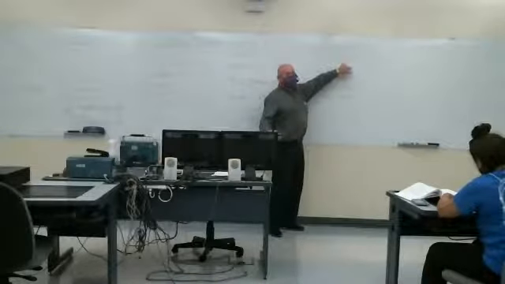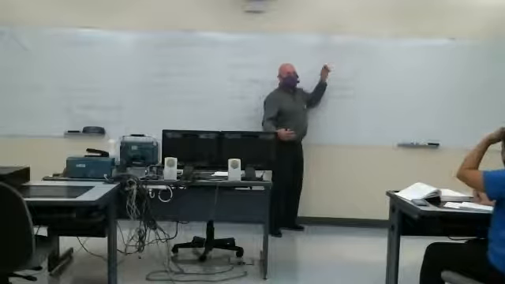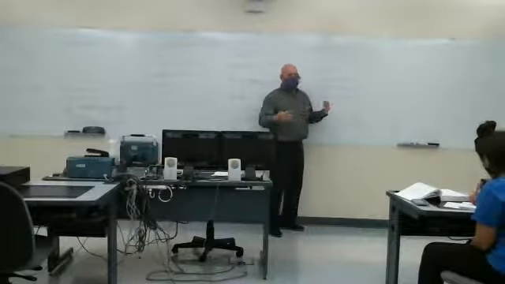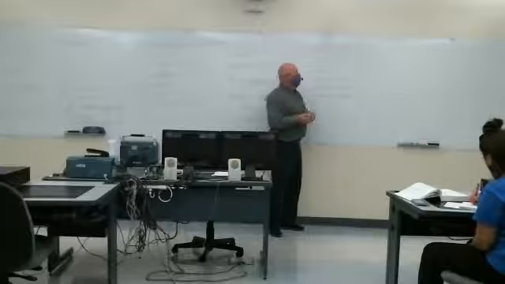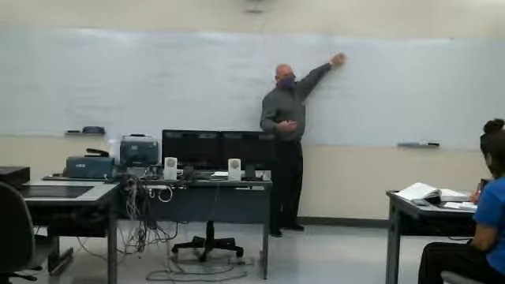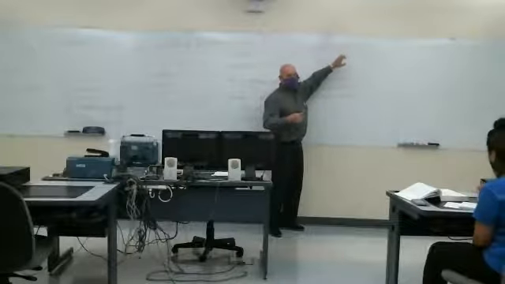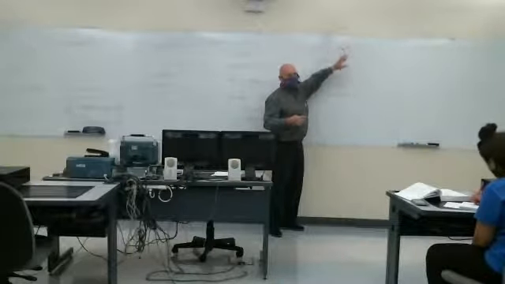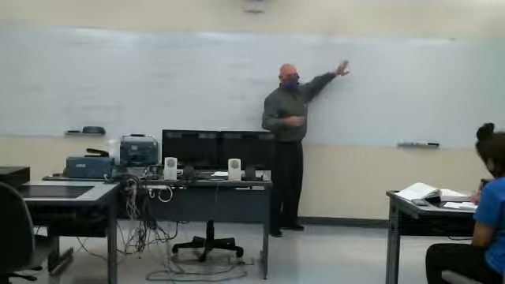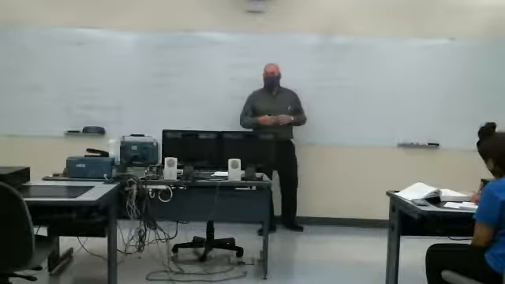Well, 2 squared is 4 times 3, I get 12. I've doubled the input, I get 12 as an output. Now, what was my original output with x equal to 1? It's 3. If I double that, I get 6. Is 6 equal to 12? No. So this is not a linear system.